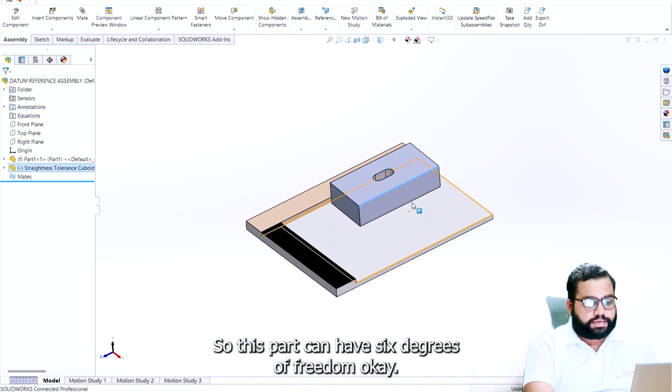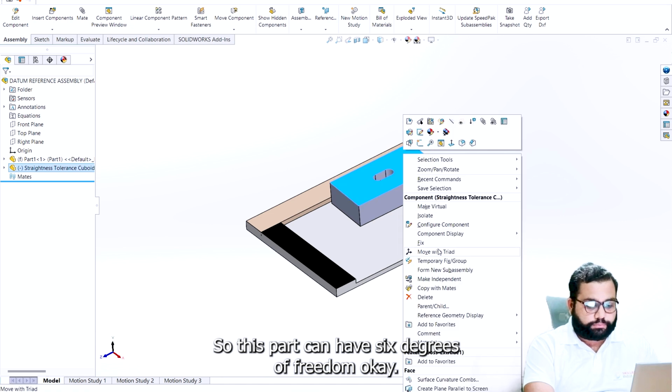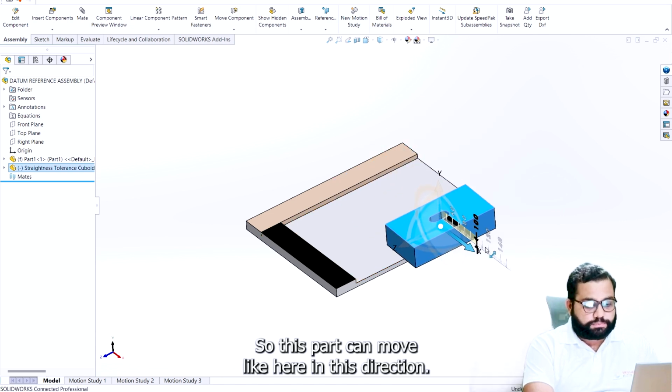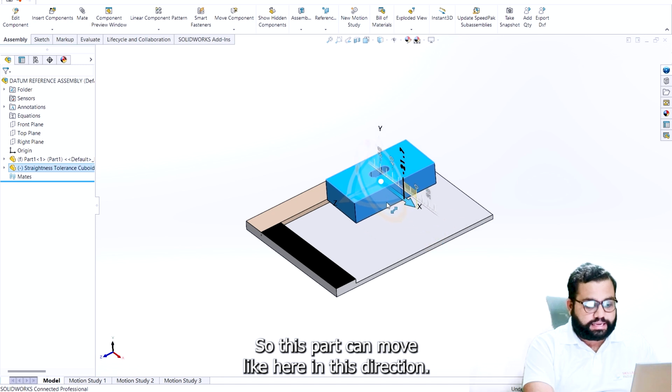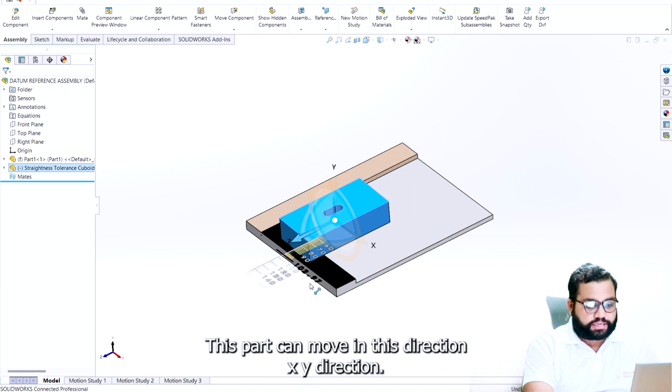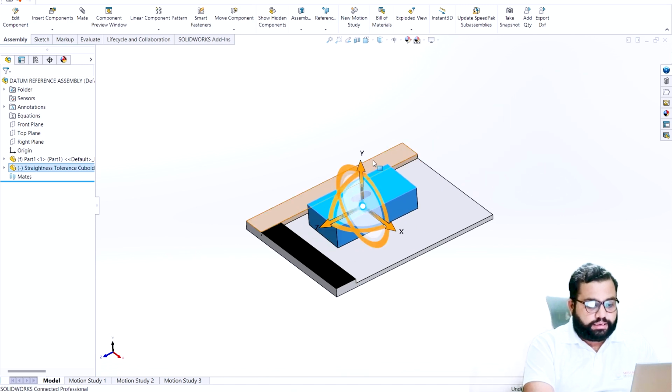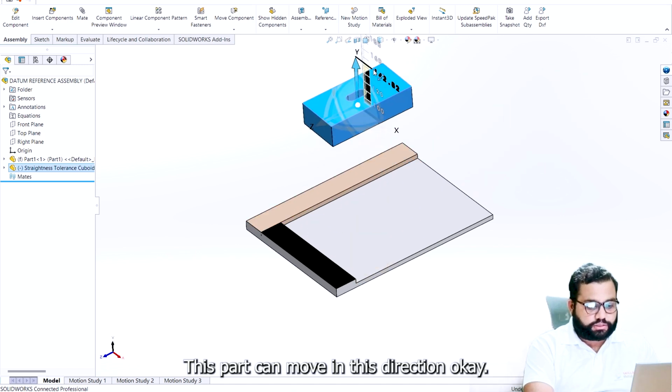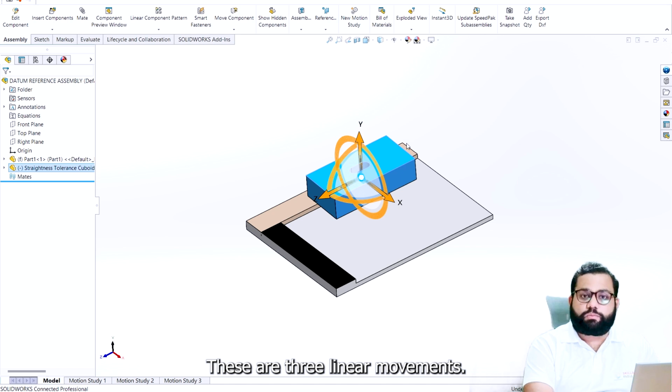This part can have 6 degrees of freedom. It can move in this direction, in the x and y directions, and in this direction as well. These are three linear movements.